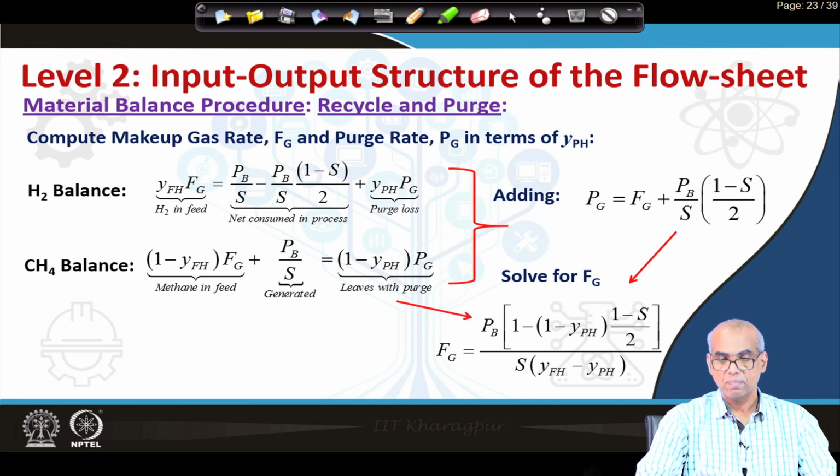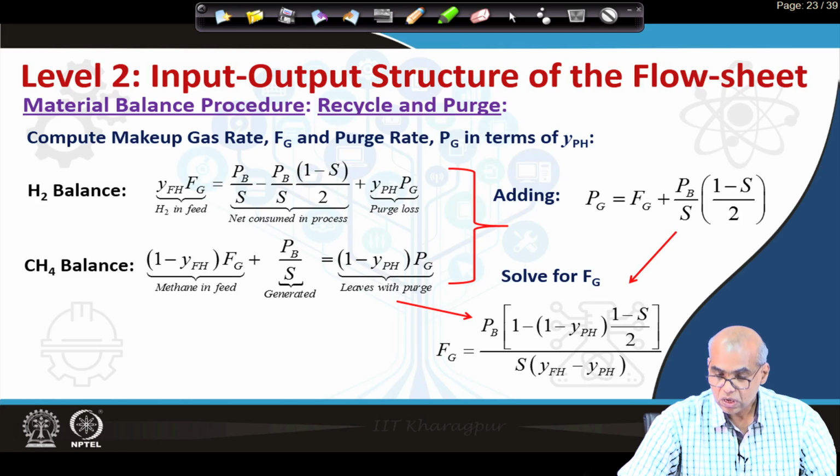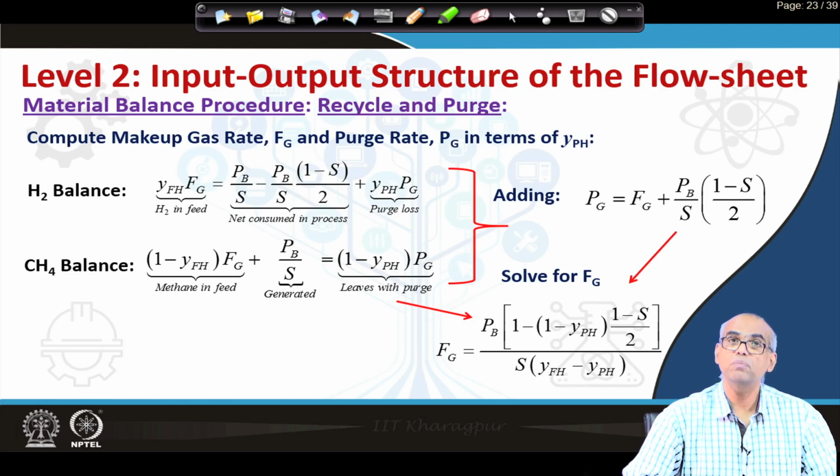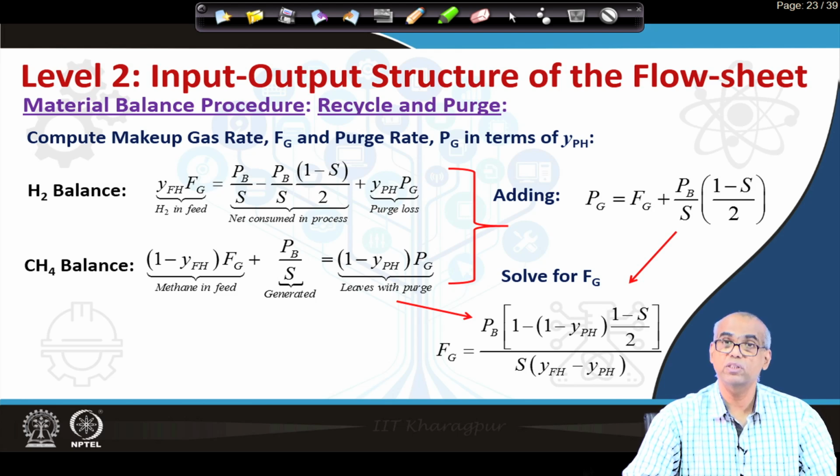which is the makeup gas rate in terms of selectivity S and hydrogen mole fraction in the purge stream, which are the two design variables. Note that Pb is the benzene production rate, which is the desired rate. So, that will be given. Also, YFH is the feed concentration of hydrogen, the mole fraction of hydrogen in the feed.